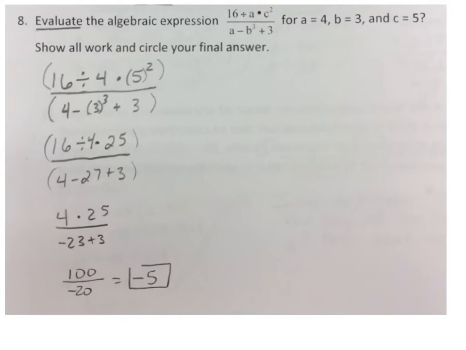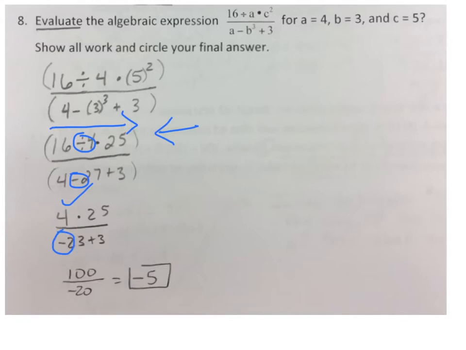Okay? Now, the next step from here is I have a division and a multiplication. Remember, we read left to right. So I'm going to do my division first. 16 divided by 4 is 4. On the bottom, I'm going to do the subtraction first. So 4 minus 27 is negative 23.